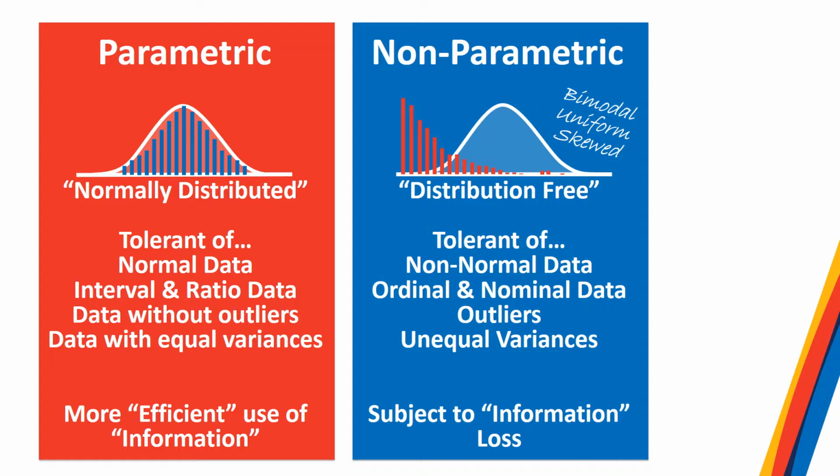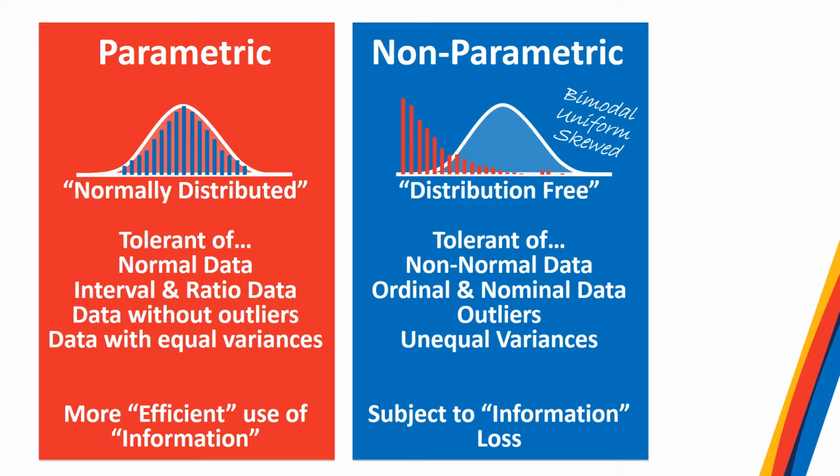But there are also data sets where that is simply not true, whether because of sample size or just because of the natural distribution of the thing, and these we refer to as nonparametric tests. This can be when the phenomenon you're interested in is distributed bimodally, or with a uniform distribution, where the histogram is at all levels the same, or skewed, as pictured here on slide 2.